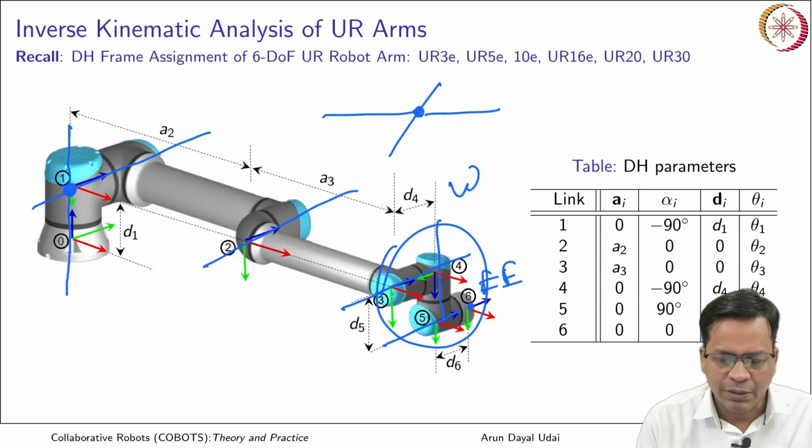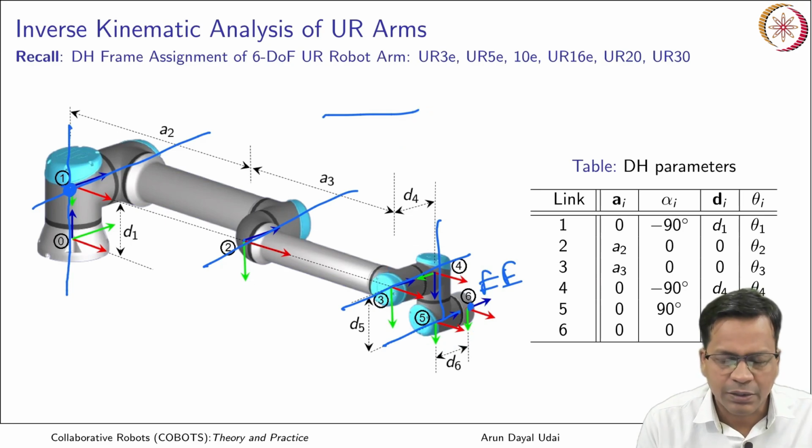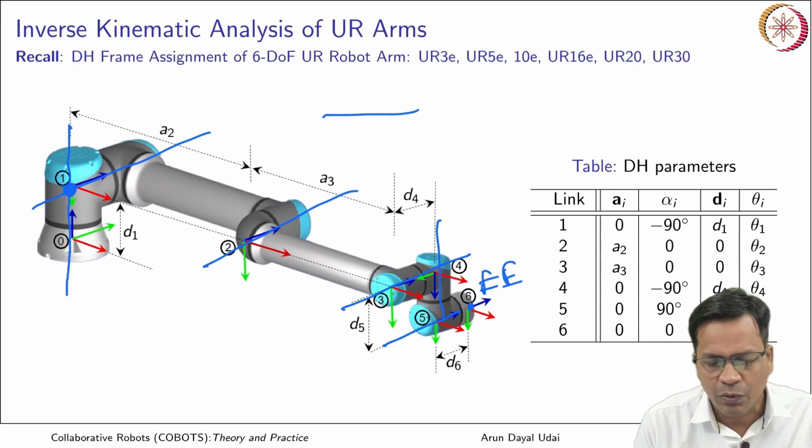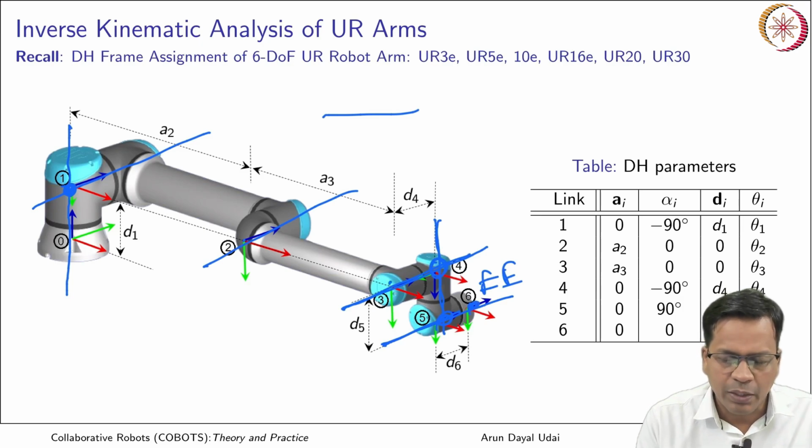Instead, it has a wrist which may be divided into three different wrists. So if this is your axis and this is your axis, this is one, and then you have another axis which goes like this, and finally this is your end effector. This may be one axis also which is not intersecting, though you can call it wrist 1, wrist 2 and wrist 3.